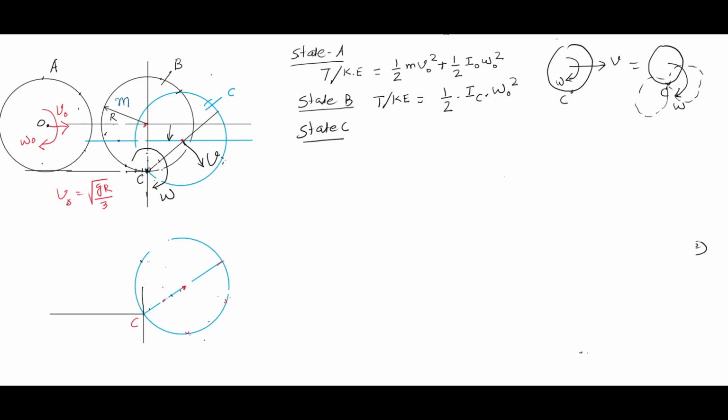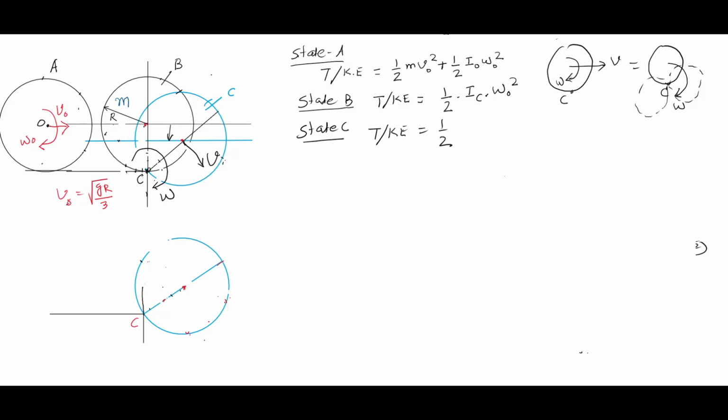This v is equal to omega into r, because this is a pure rotation about point C. So v is equal to omega r, and the total kinetic energy in state C is equal to half.